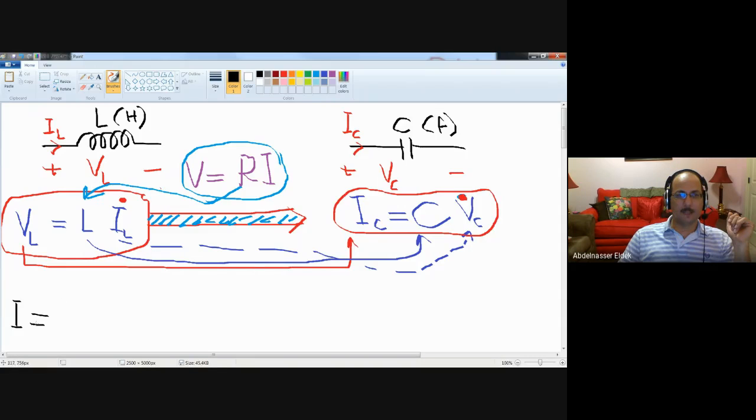Then in this case, we'll find IL equal 1 over L integration from 0 to T of VL dt. So this is the integral relation between the current and voltage in the inductor.